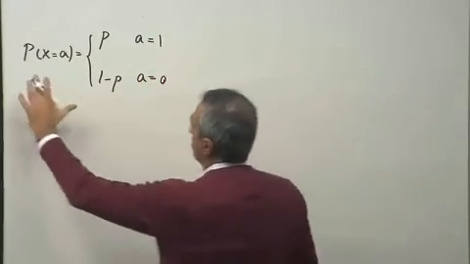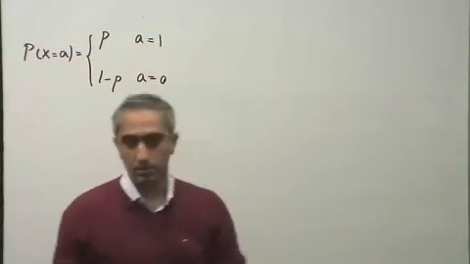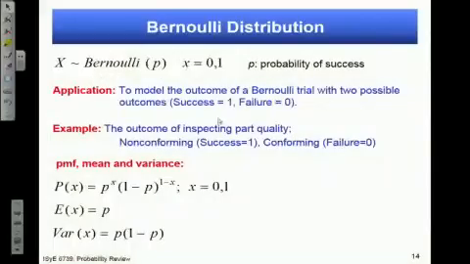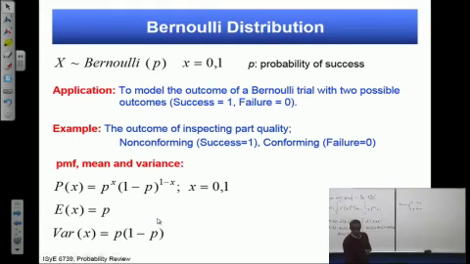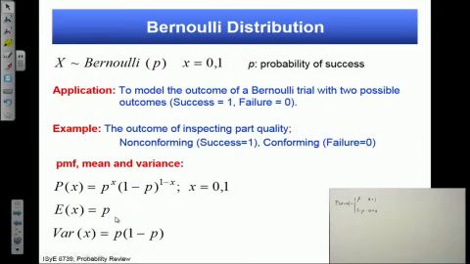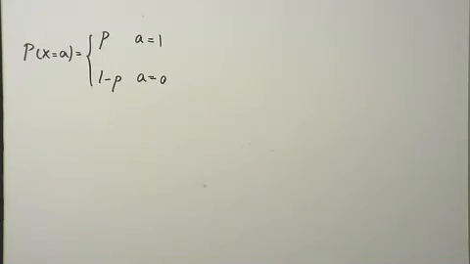If you combine these two, this would be your probability mass function, which has both at the same time, instead of being piecewise. This is the expected value, and this is the variance. Any questions? Is it clear?